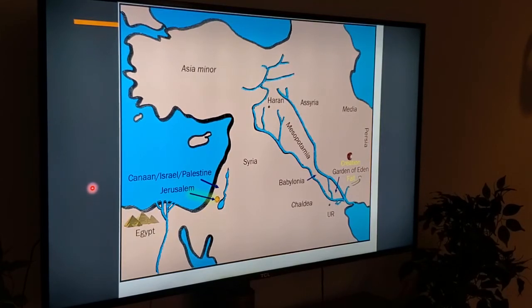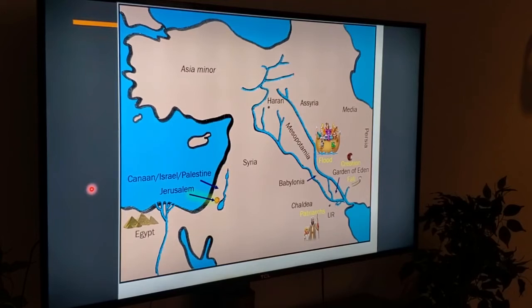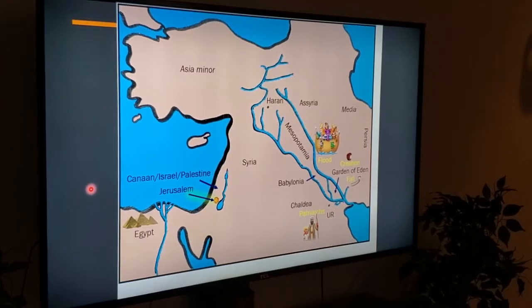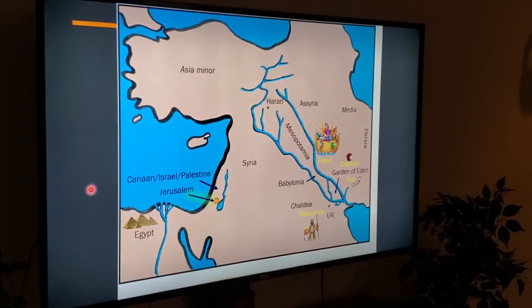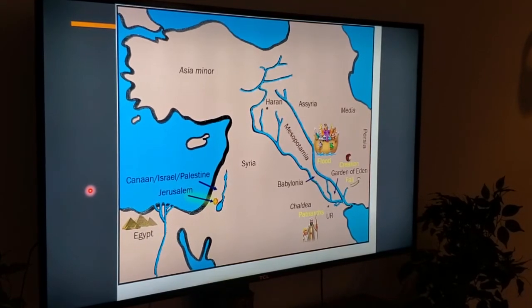So, creation, fall, next major event is the flood. And then down there we've got the patriarchs.